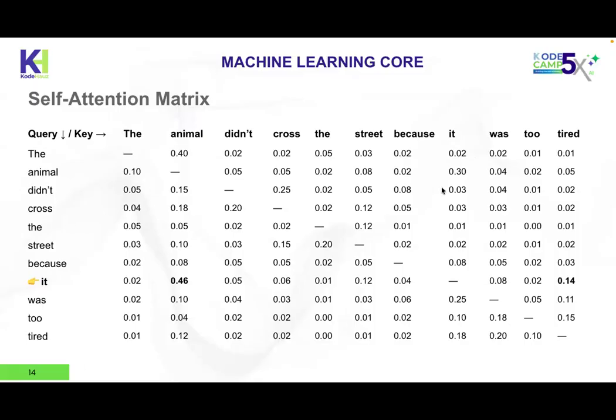And the same thing too, you can look at all of them. For "it", you now see that "animal" is also the one that matters most to the meaning of "it". There's also "tired", but you can see its value is very low. The one with the highest value here, 0.46, is "animal", which means the meaning of "it" is really more affected by "animal".